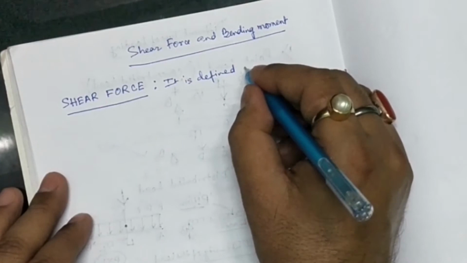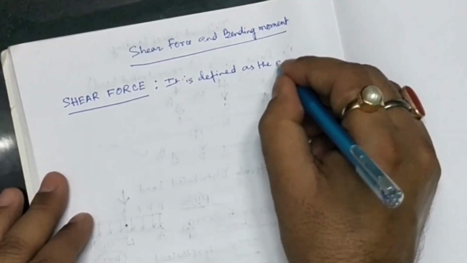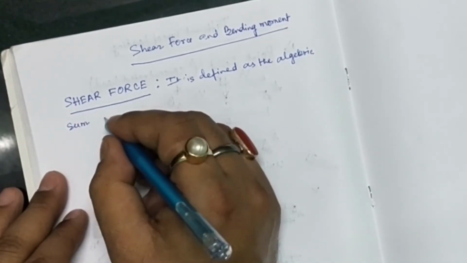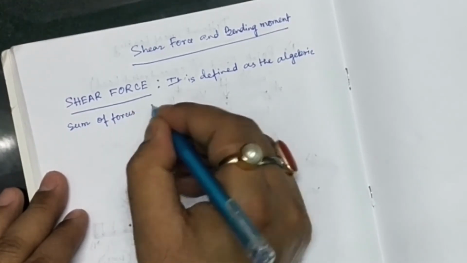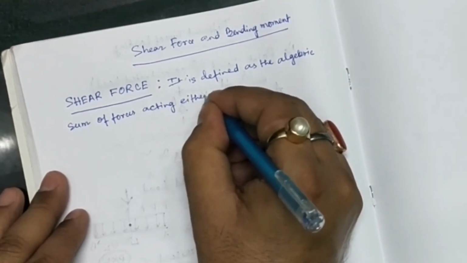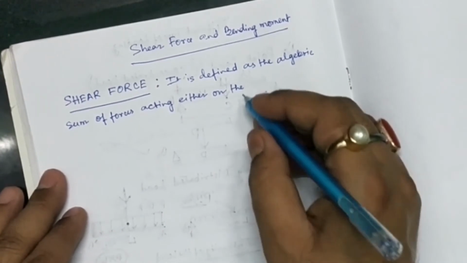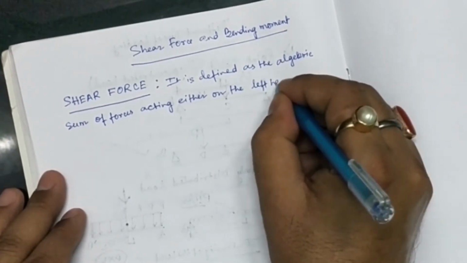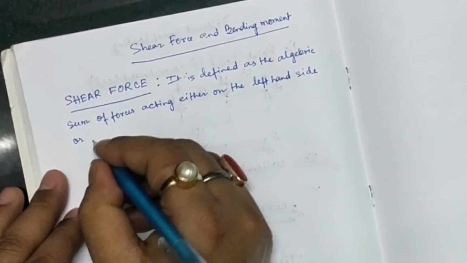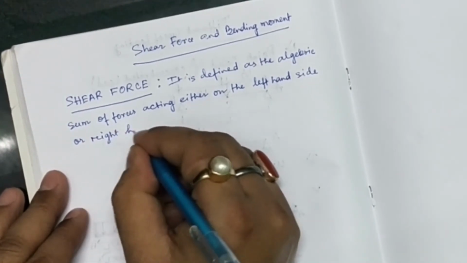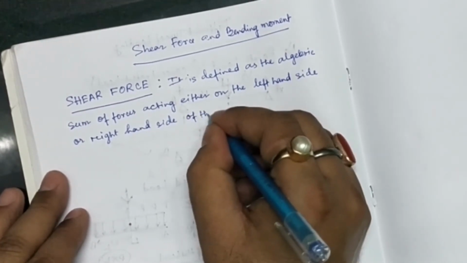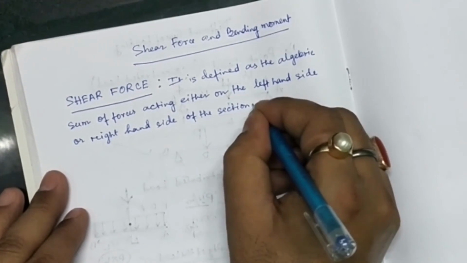as the algebraic sum of forces acting either on the left hand side or right hand side of the section that we have considered.